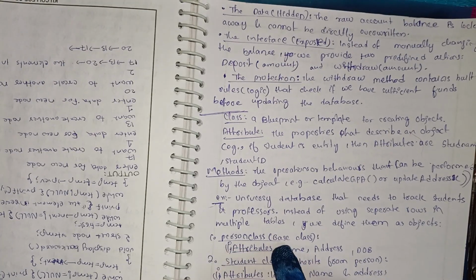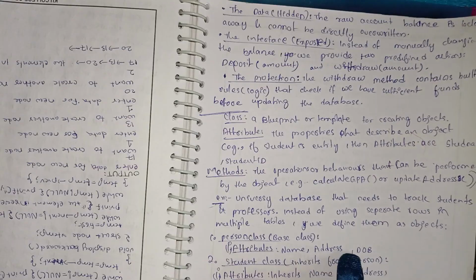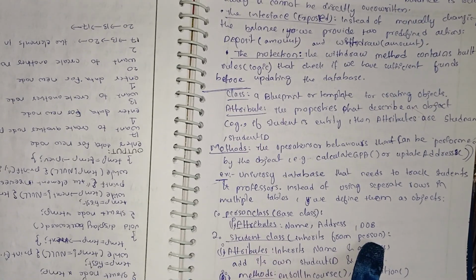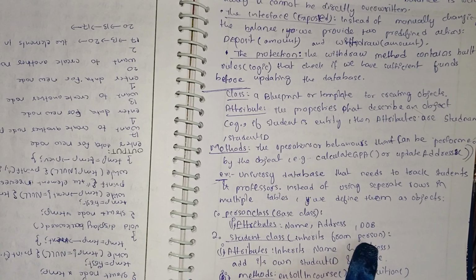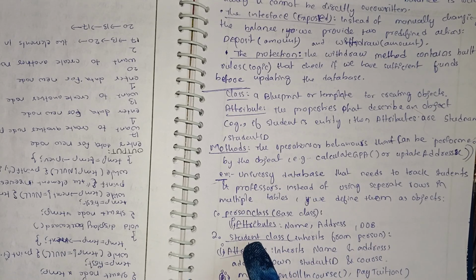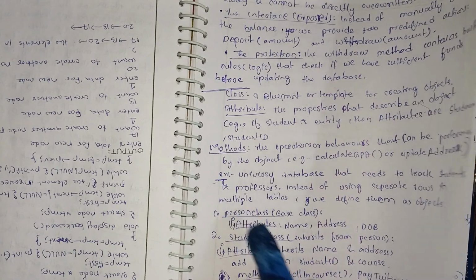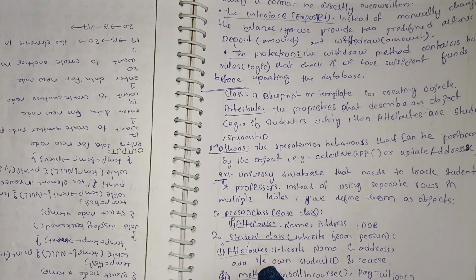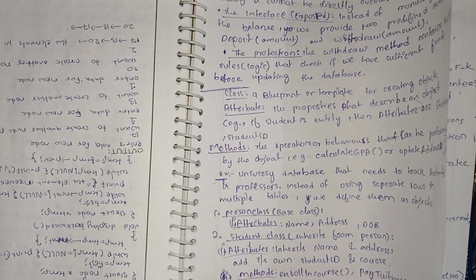So person class is the base class. Attributes are name, address, date of birth. Student class inherits from person. This is the subclass, and this is the superclass. Attributes inherit name and address, and add its own student ID and course.